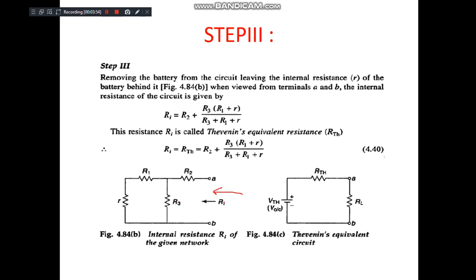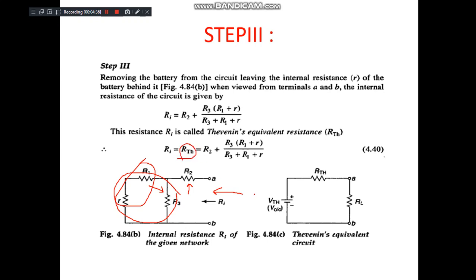In this direction, these two resistors are in series, that's why R1 plus small r, and this combination is in parallel with R3, that is R3 into R1 plus small r by R3 plus R1 plus small r, and this entire combination is in series with R2, that's why R2 plus this combination. So finally this is the value of R Thevenin.